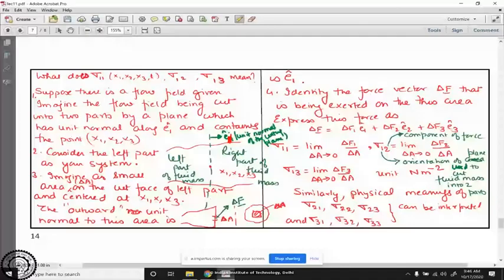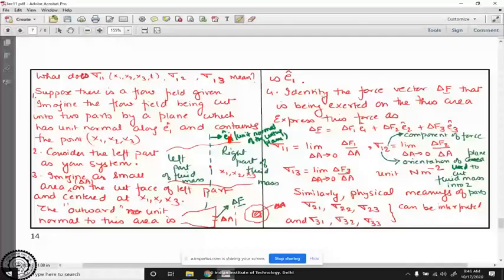I call it delta A. The outward unit normal to this area is E1, of course, because I have taken the left part and I'm focusing on the newly created surface of the left part.